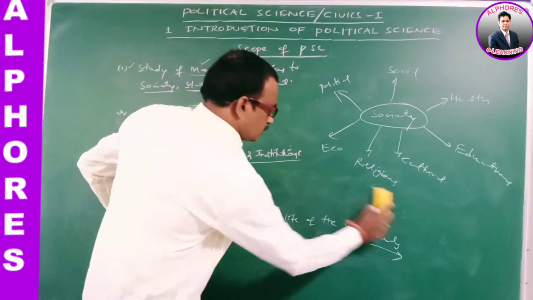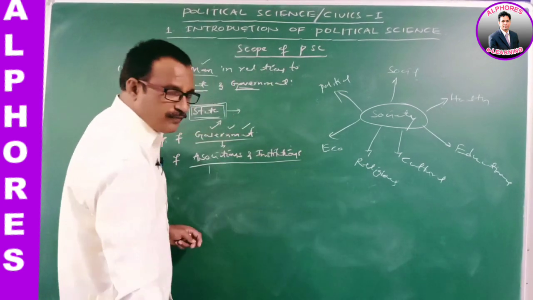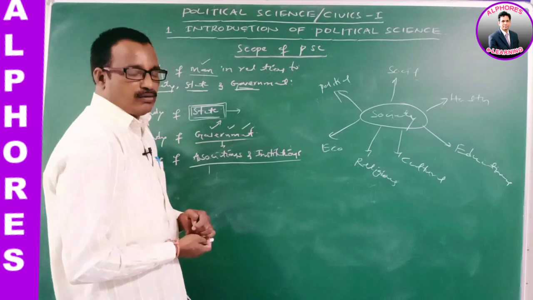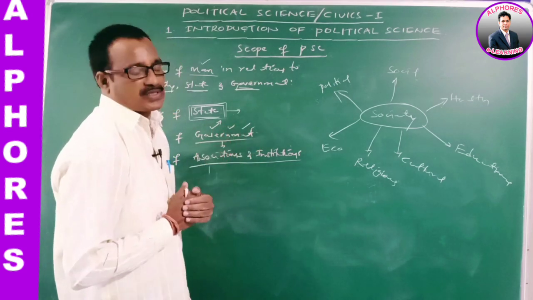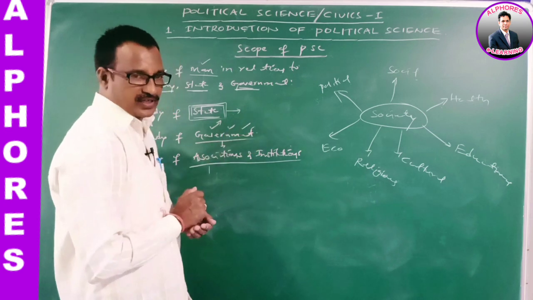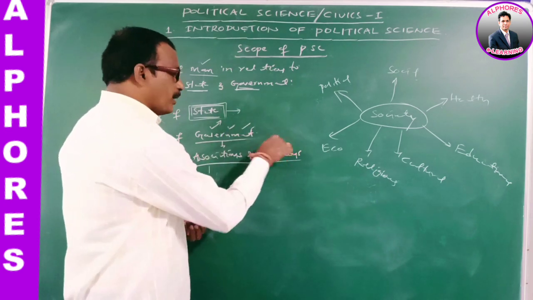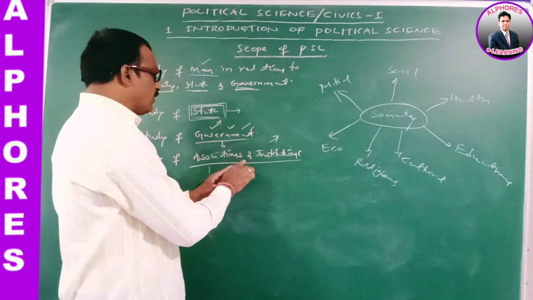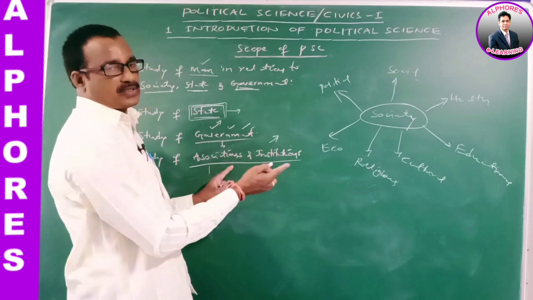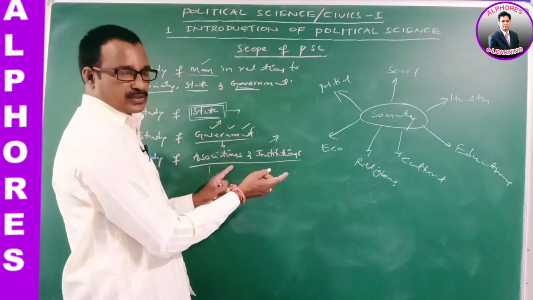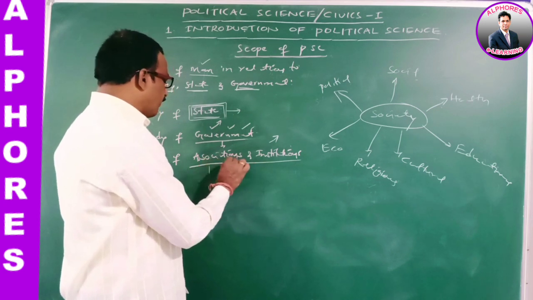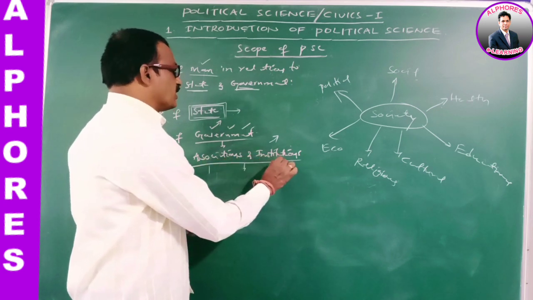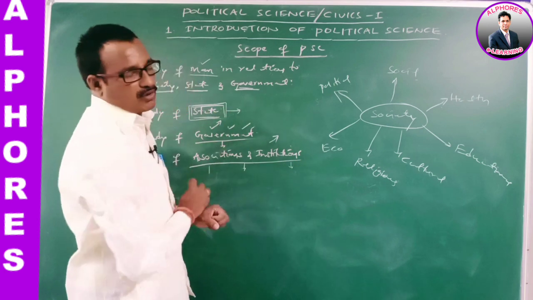How? These institutions will influence the government while formulating and implementing various public policies for their benefits. Clear? So it is the impact or the influence of various associations and institutions on the government.